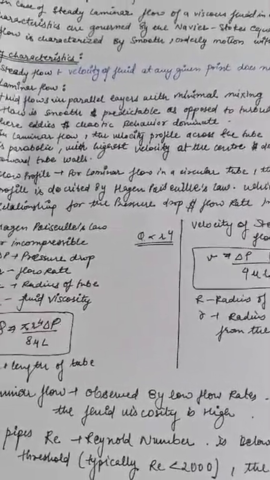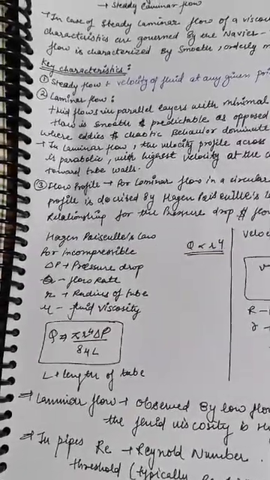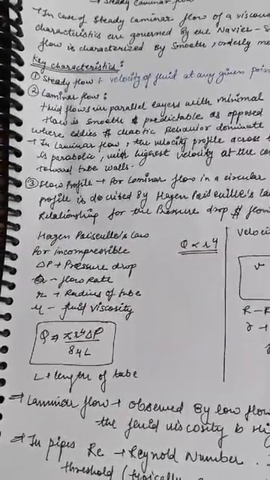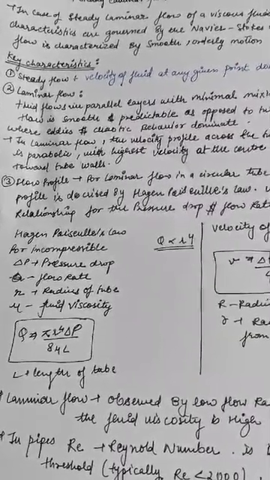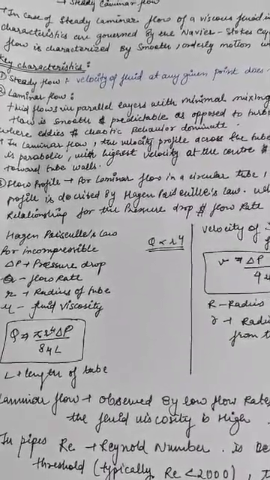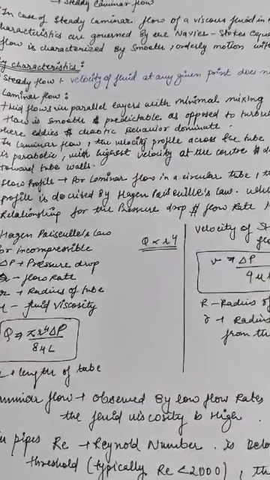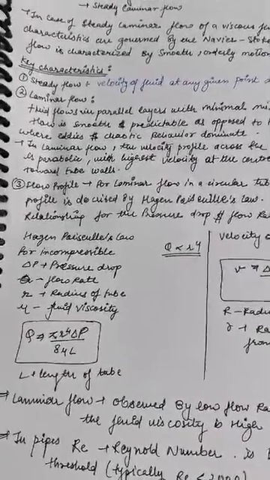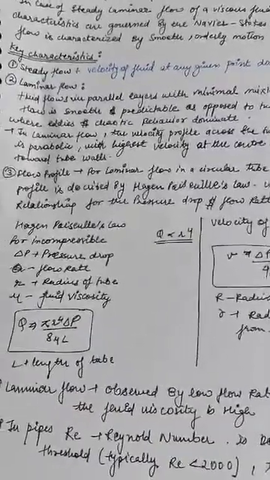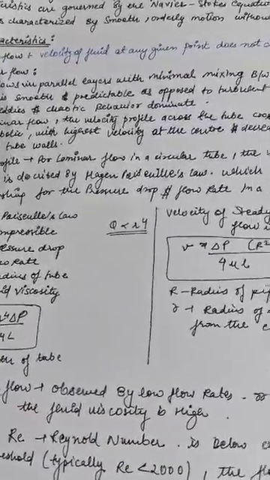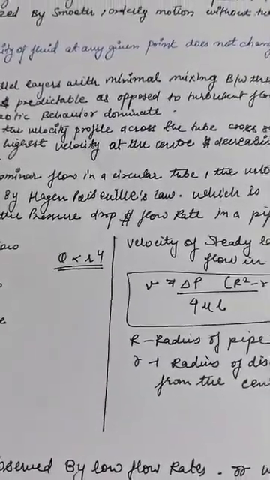It does not have any disturbing behavior. The laminar flow velocity profile across the tube's cross section is parabolic, with the highest velocity at the center, and the velocity profile is given by the Hagen-Poiseuille equation.